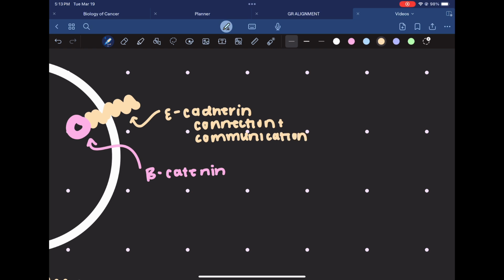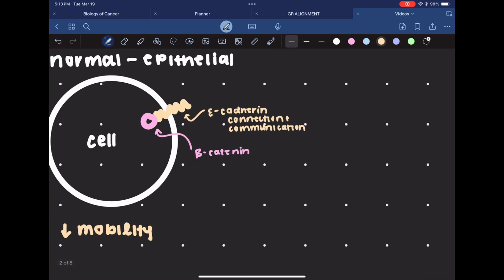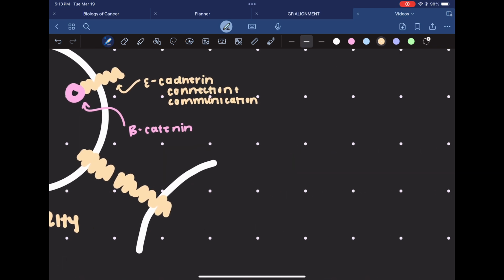So how this might look in practice is maybe I have another E-cadherin molecule over here. This would allow me to interact with another cell over here. Two cells. This is my other cell right here.